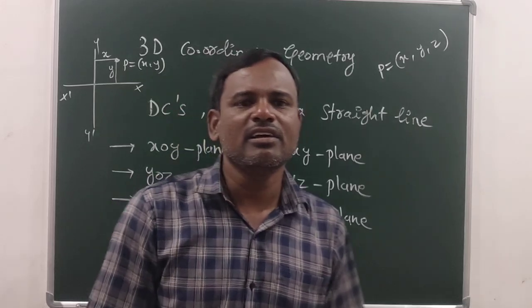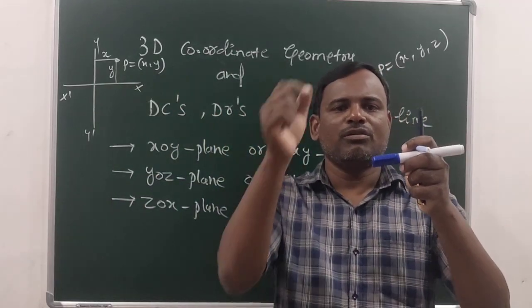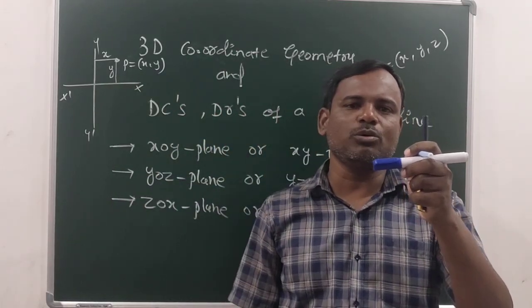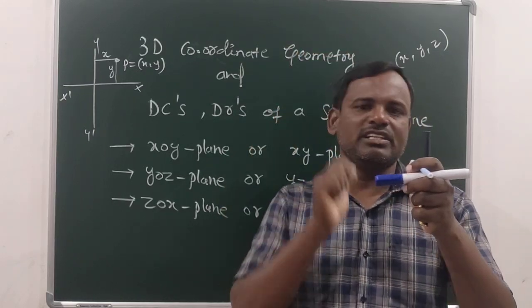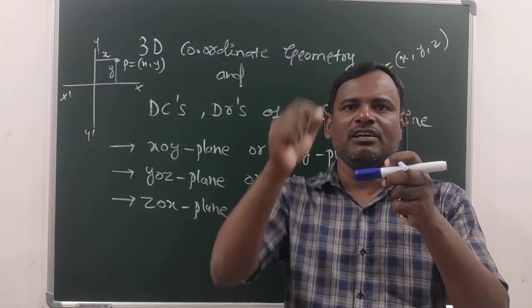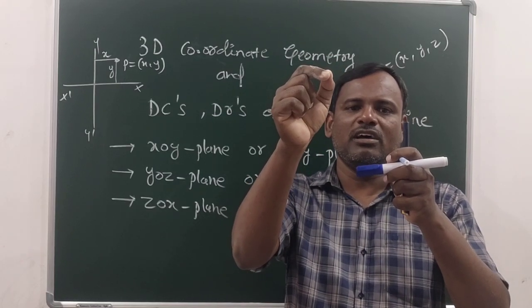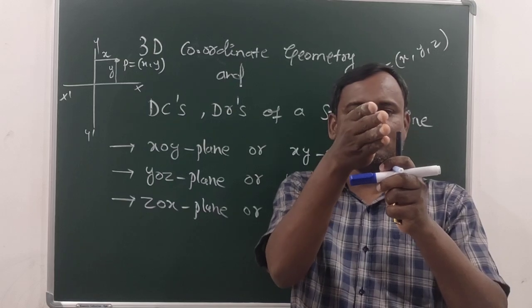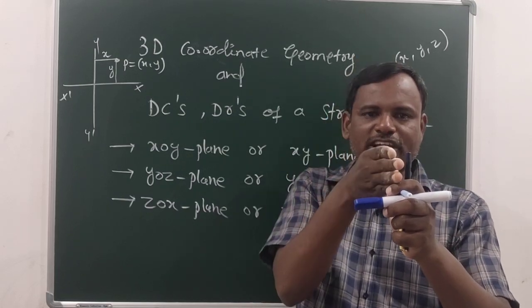In the same manner, in 3D coordinate geometry, what is the definition of the x coordinate of a point which is located in the space? See the definition, very easy. The perpendicular distance from that point to the YZ plane. So this is the x-axis and this is the z-axis. This plane is there, no?